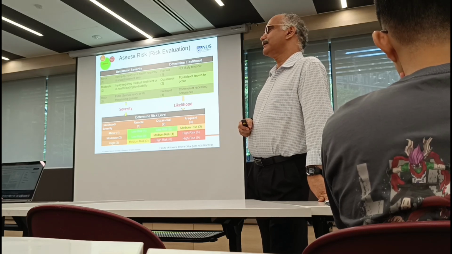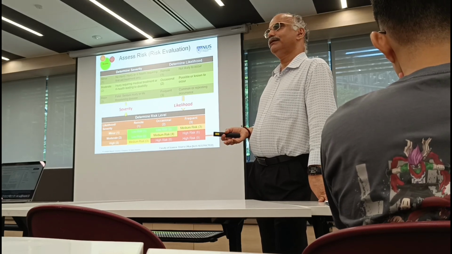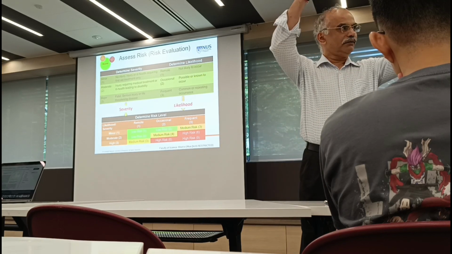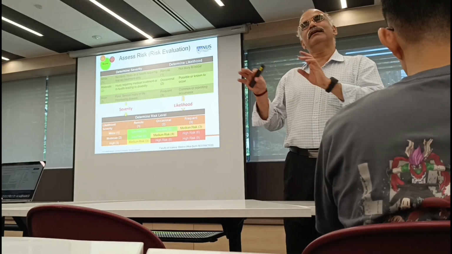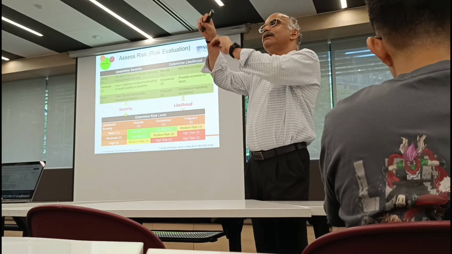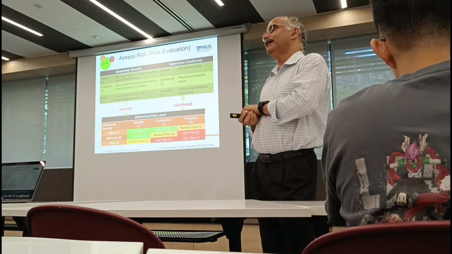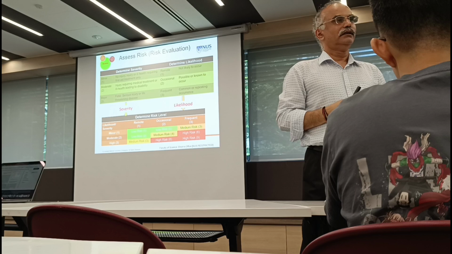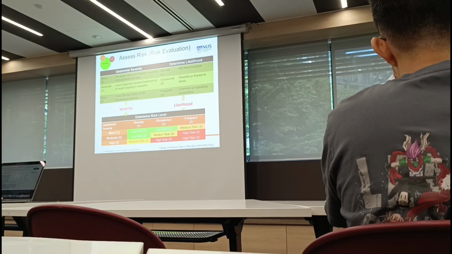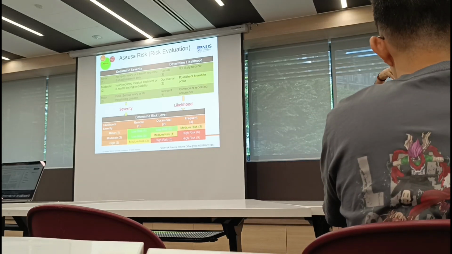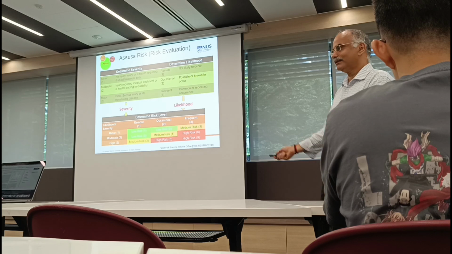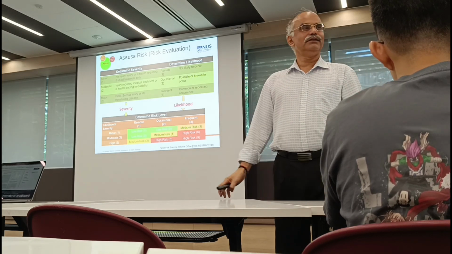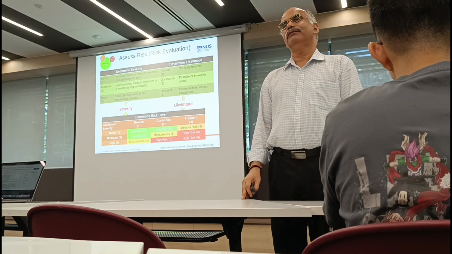Some industries use a 5 by 5, with 5 categories, right? Again, it's the same principle, but they have additional items under this, and not just minor, moderate, and high risk. They will say maybe minor and I don't know what other categories they use. So in NUS we use this 3 by 3 format.